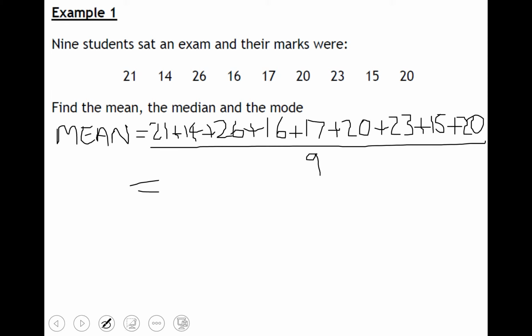This calculation we will need to stick into a calculator. And we get, to one decimal place, 19.1.